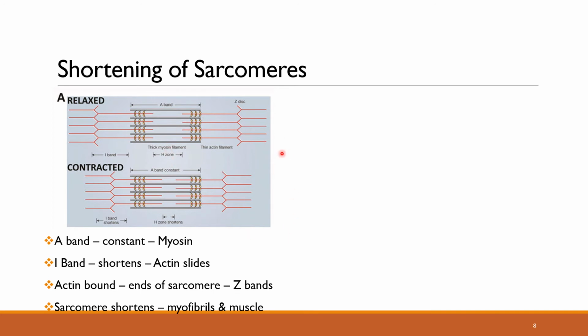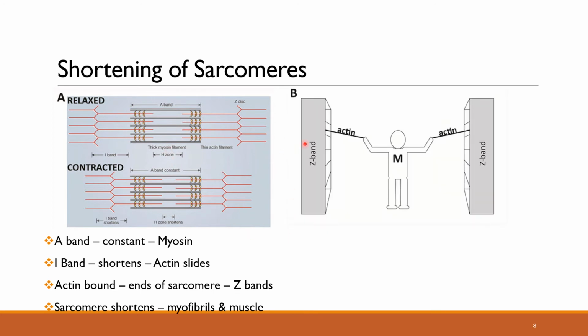So now to explain this, we have an example. Here you can see that there's a person at the center whose arms are stretched and they are bound to rope, and the ropes on either side are tied to bookcases.